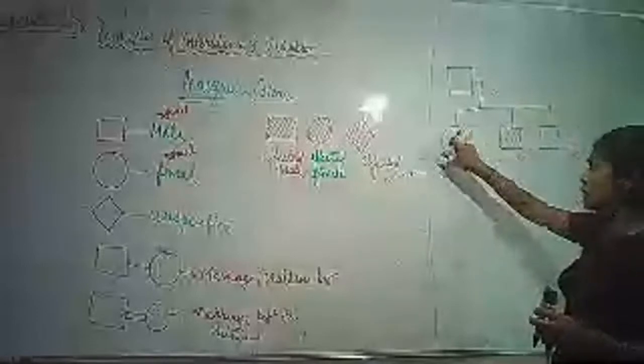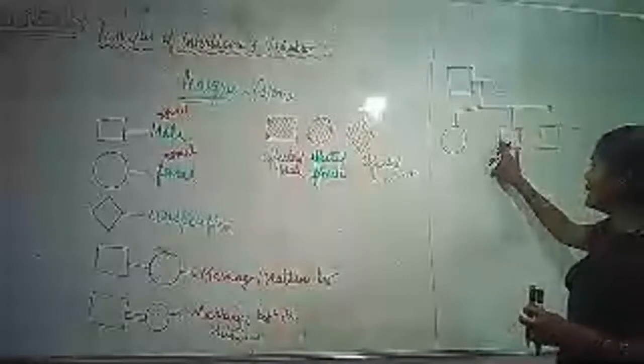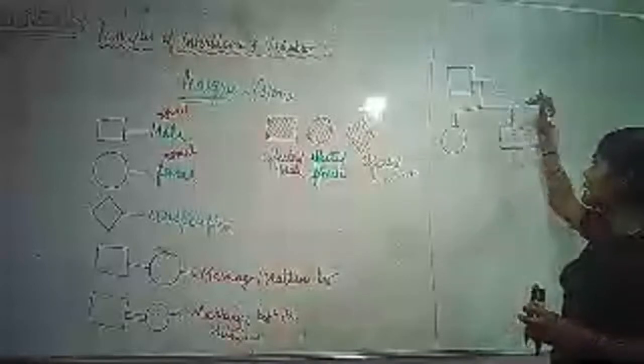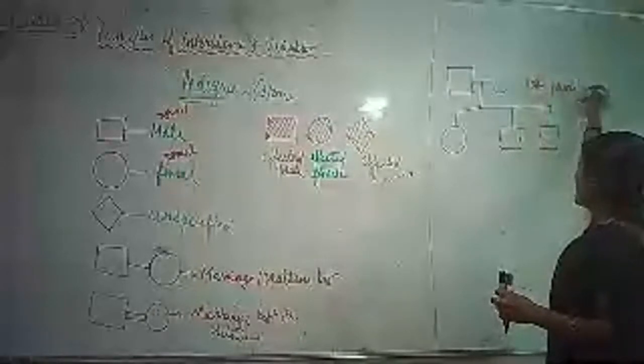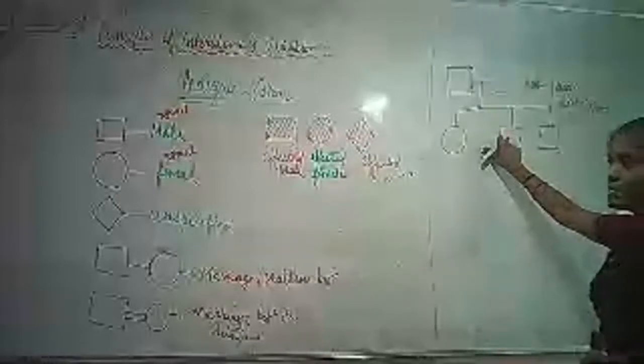These are the normal female, affected male, normal male. If I indicate like this, unspecified sex. Isn't it? So it is showing parents above and offspring below. Again the same things will follow. If it is affected, we can draw a line between that.